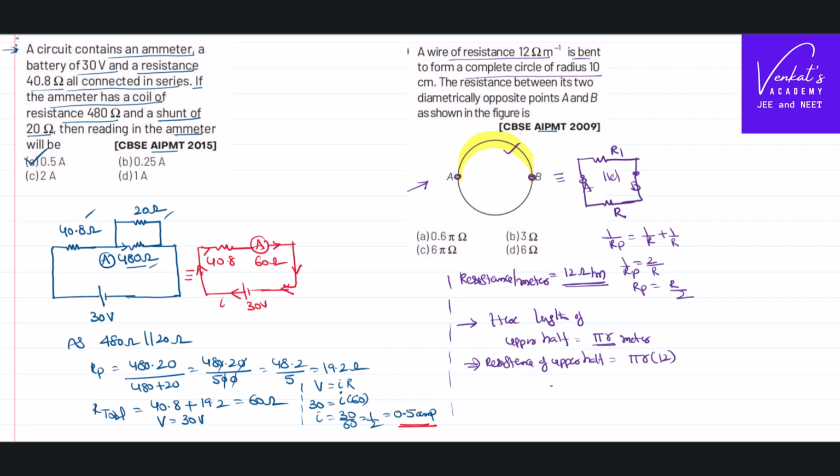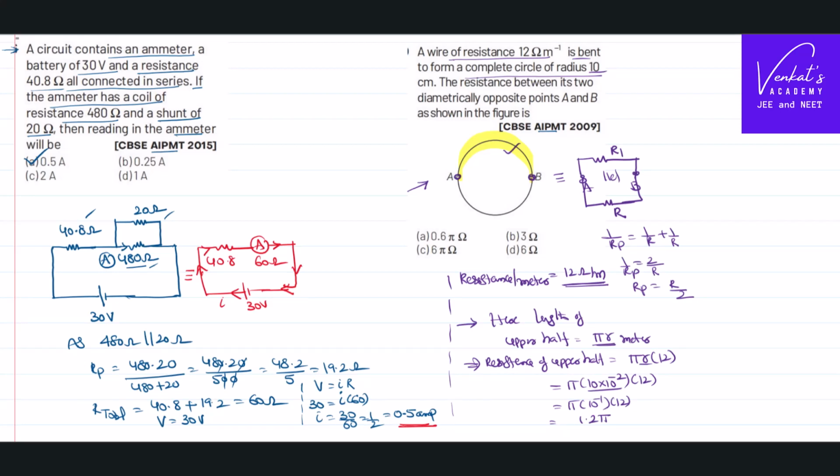Now, the radius is given for you as 10 centimeters. I have to convert them into meters, pi into 10 into 10 power minus 2 into 12. So, that becomes how much? Pi, 10 into 10 power minus 2 is 10 power minus 1, into 12. So, that becomes 1.2 times pi, that is the resistance of upper half.